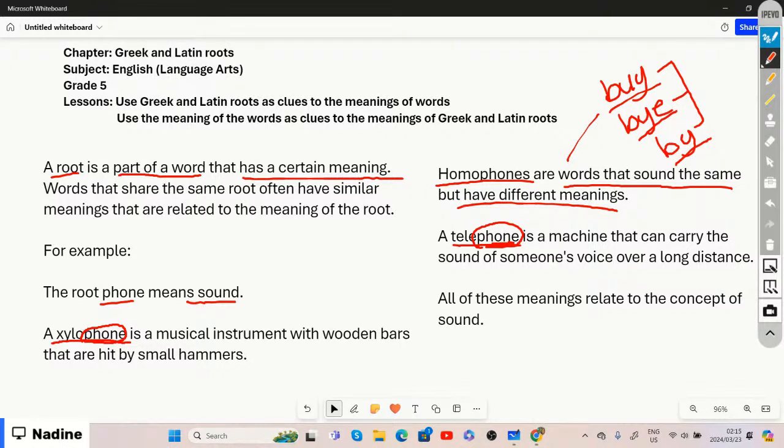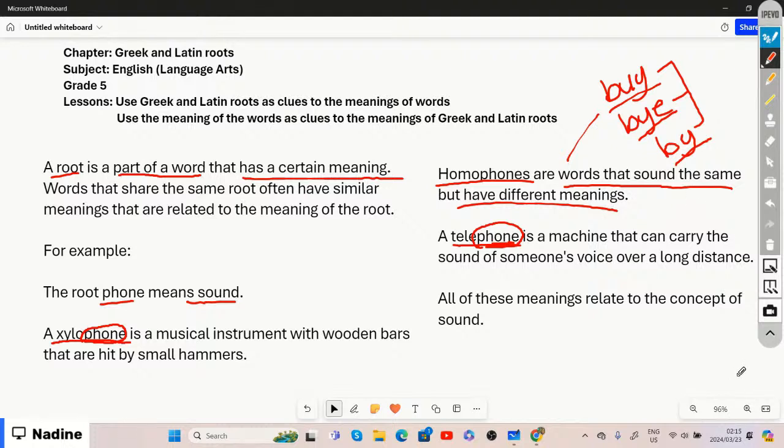The words related to it, that share the same root word, are words like xylophone, homophone, and telephone. All three of these meanings relate to the concept of sound due to the fact that they share the same root word.